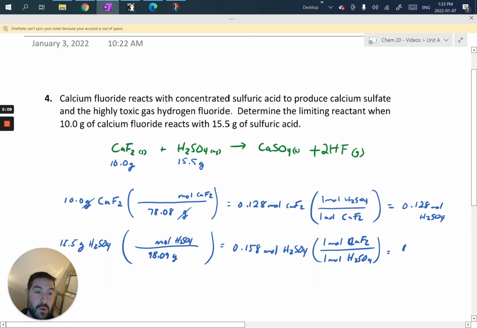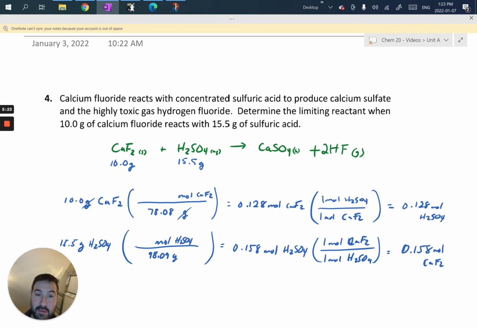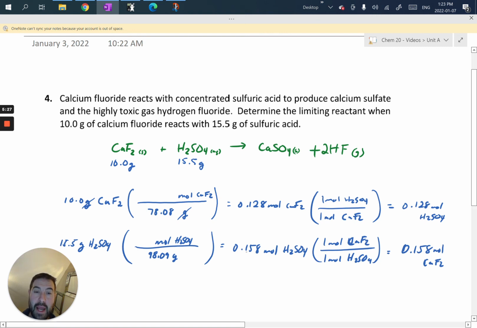So in order to completely react my 0.158 moles of H2SO4, I would need 0.158 moles of CaF2.